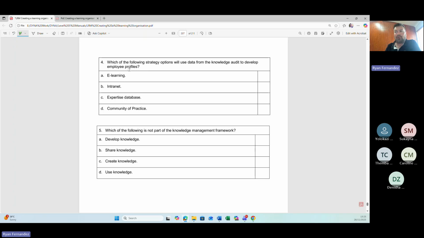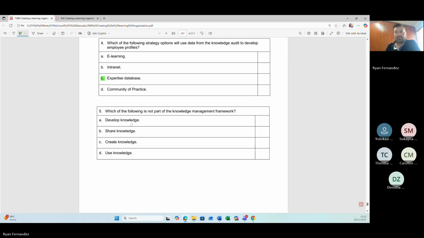So we take a look at who has knowledge amongst our employees about specific fields, specific areas of the business. And once we've got that from the knowledge audit, we are going to create not e-learning, not the intranet, not community of practice. We are going to use it for an expertise database.